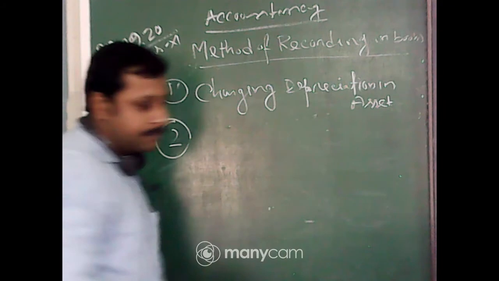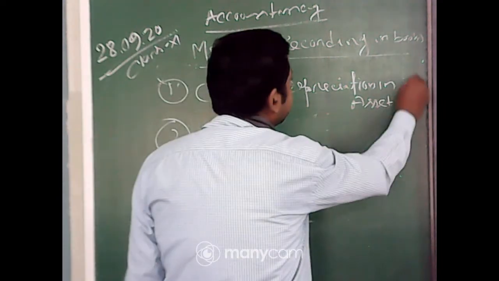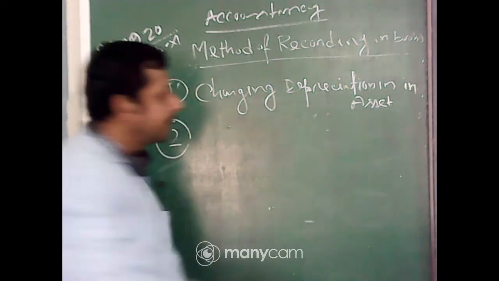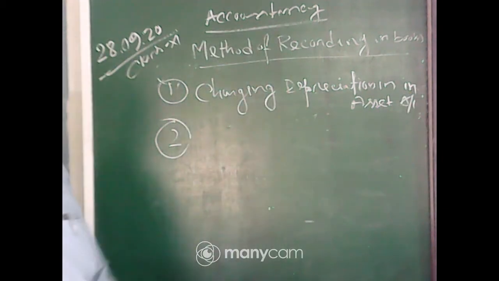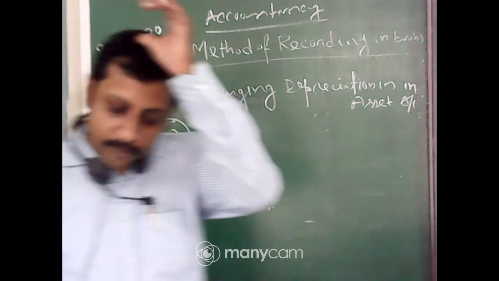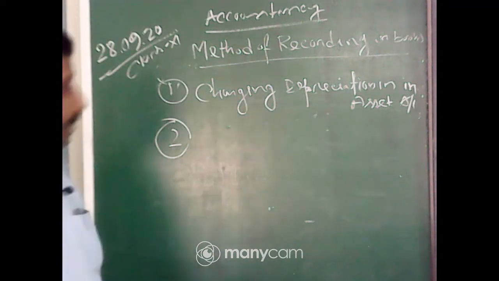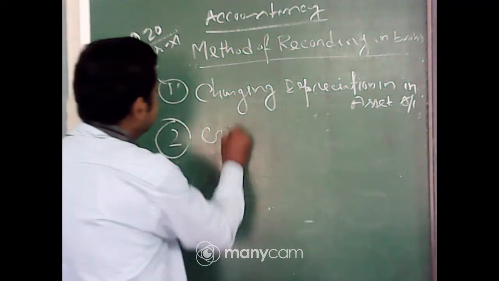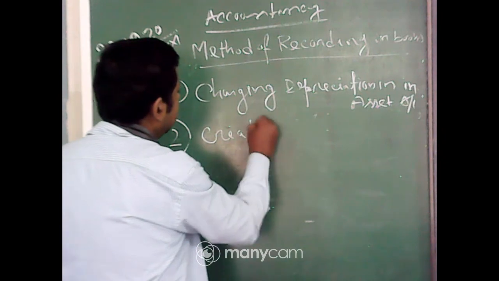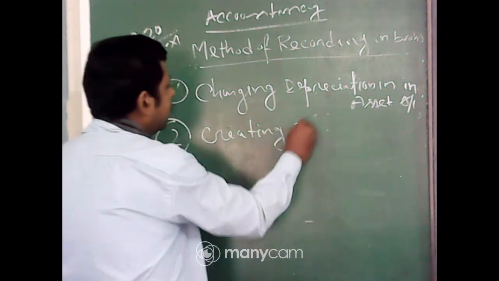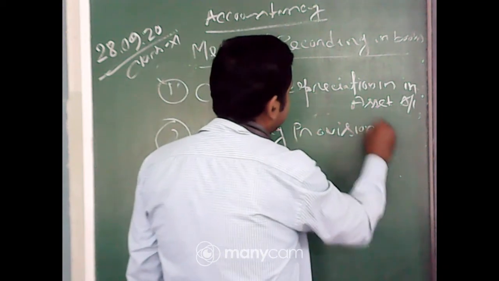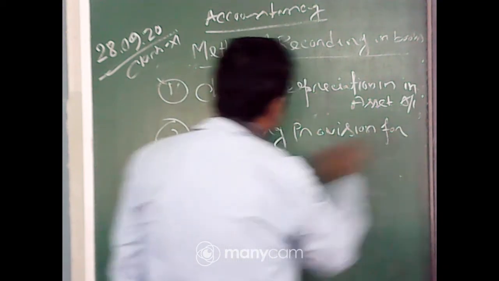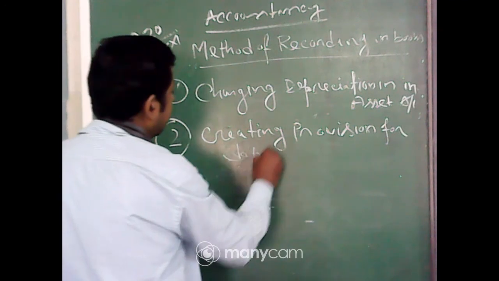Number two is another method: creating a provision for depreciation account.